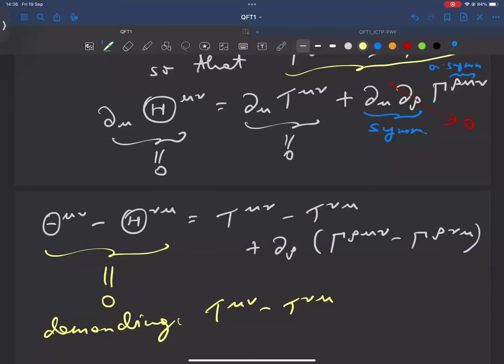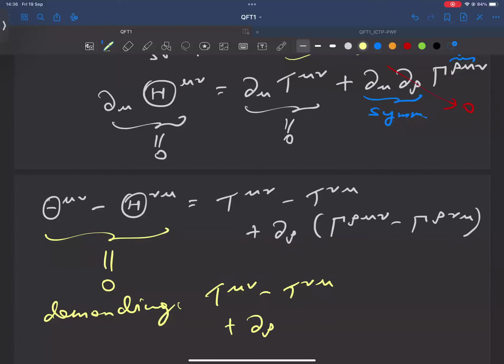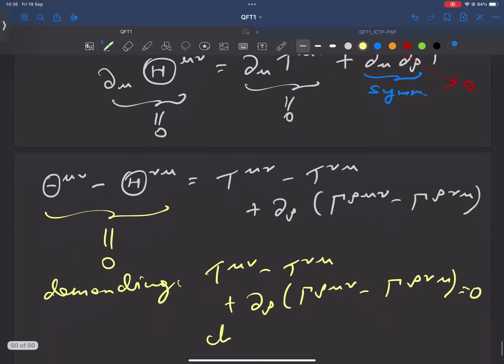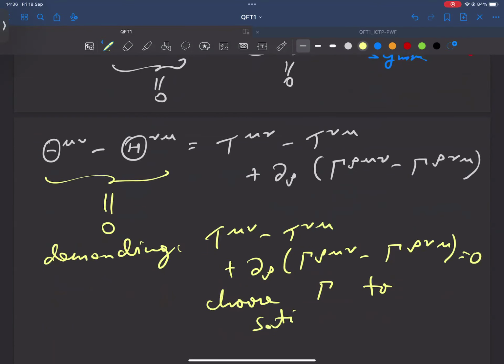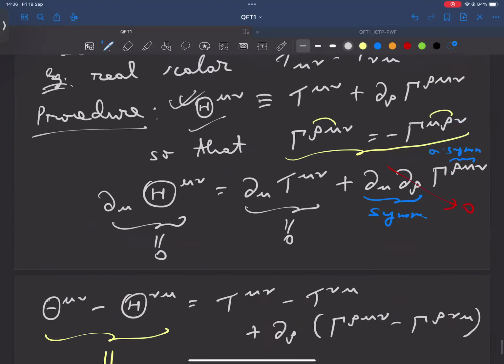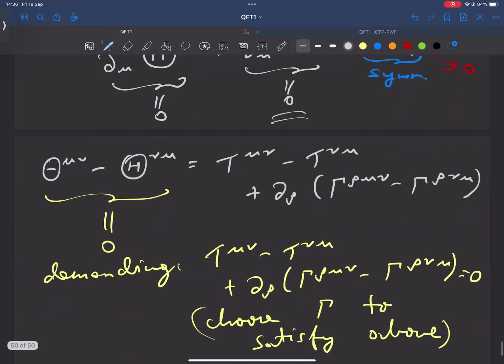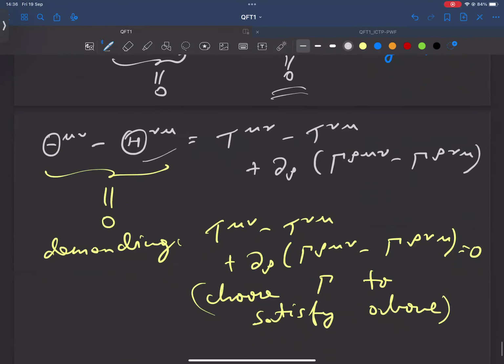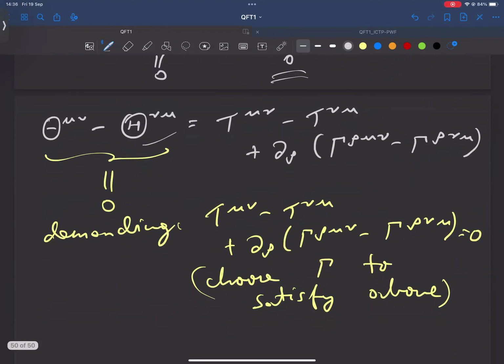That gamma is chosen in such a way that this holds. So choose gamma to satisfy the above. If you do that, you get a stress tensor theta that is conserved and also symmetric. And hence in any QFT, without changing the theory, you can always construct a symmetric stress tensor.